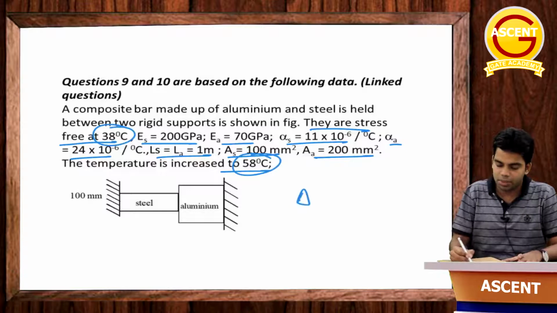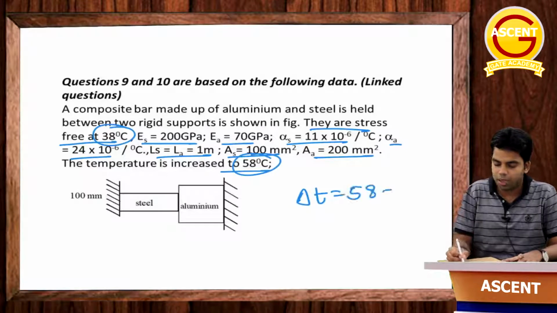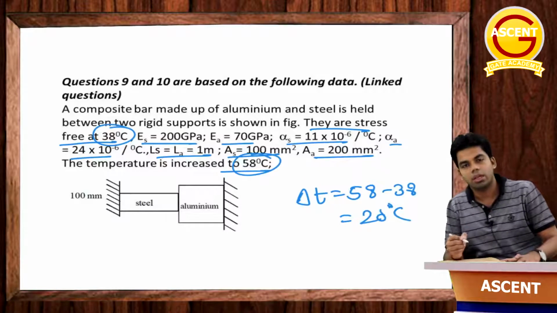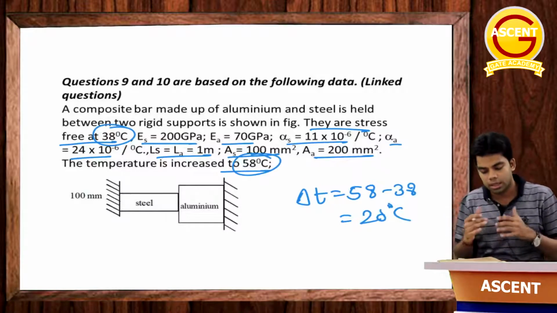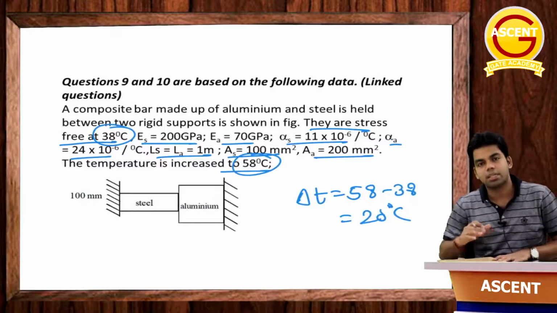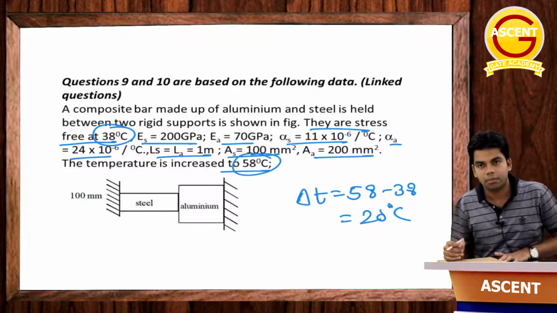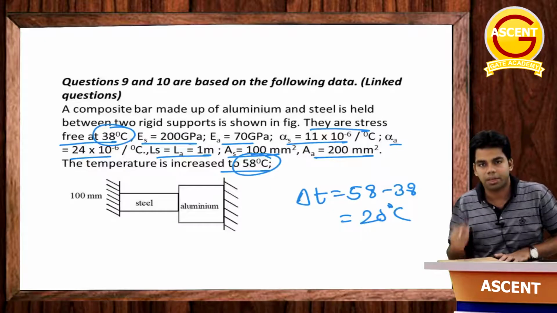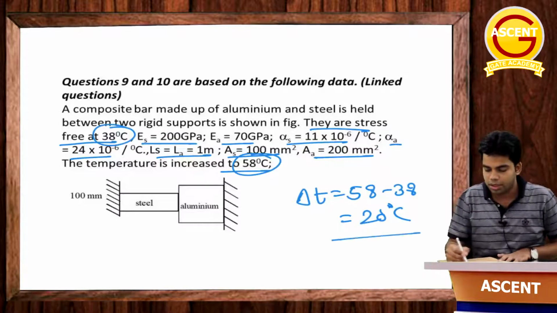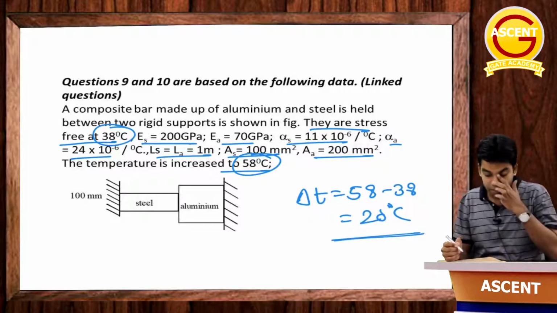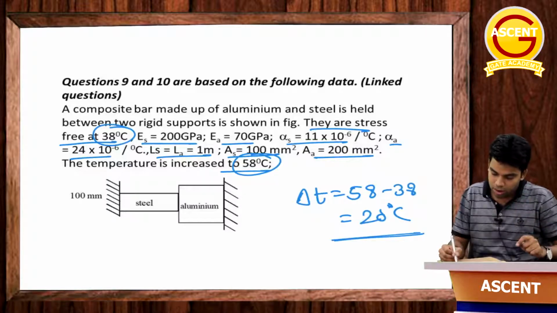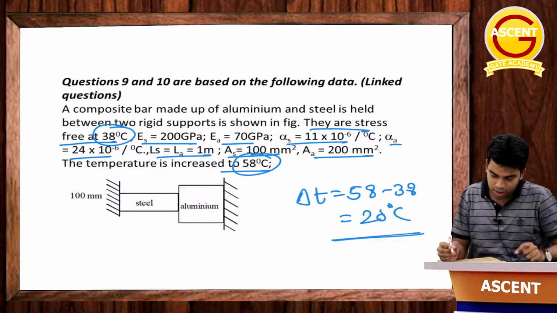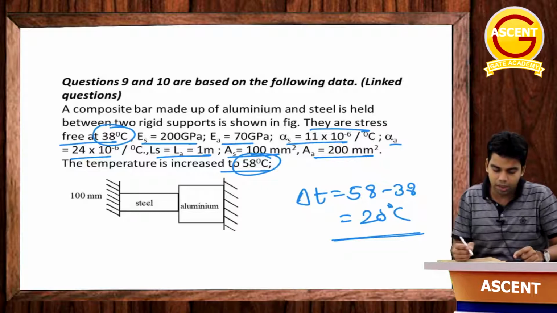That means the change in temperature is 58 minus 38, which is 20 degrees centigrade. If the statement was that temperature is increased by 58 degrees centigrade, then ΔT would directly be 58 degrees centigrade. Getting the difference between the two? So here ΔT is given as 20 degrees centigrade. Now the question asked is the support reaction in kilonewton.